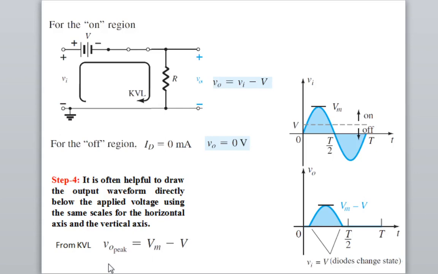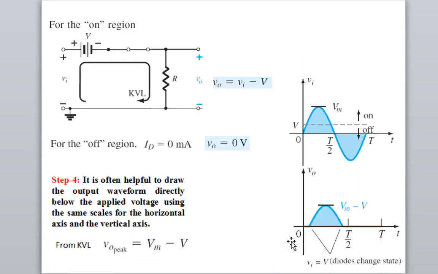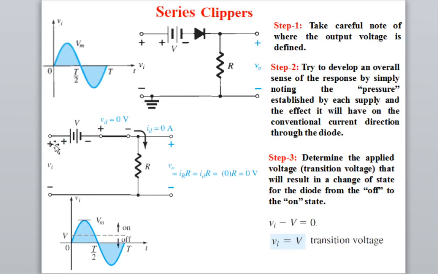Now in the same step 3, here we have assumed that the diode voltage is equal to 0, and then we have calculated the transition voltage. Now let us assume that the diode goes in forward bias. Now you have to analyze the diode when it is in the on state and when it is in the off state.